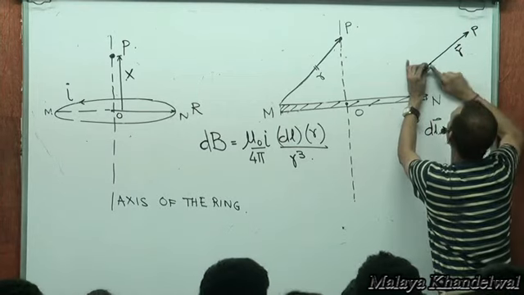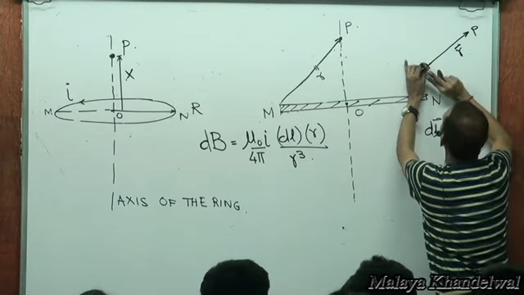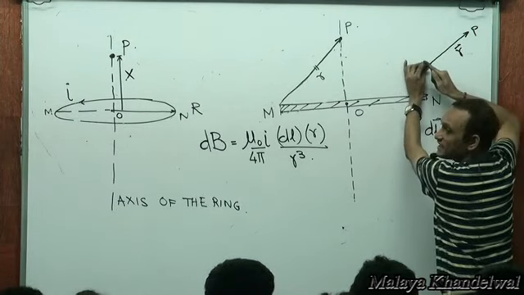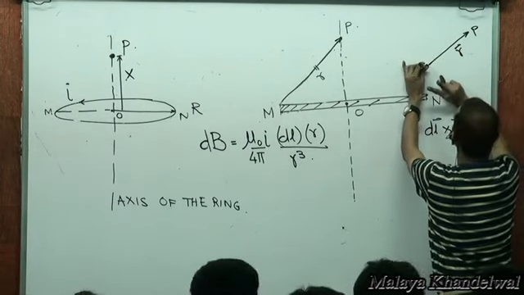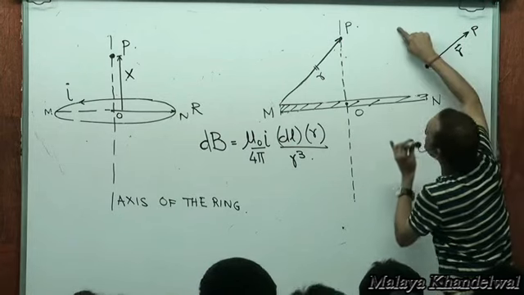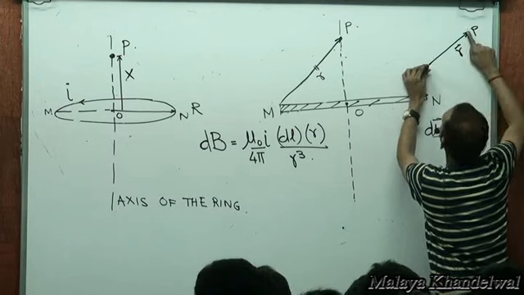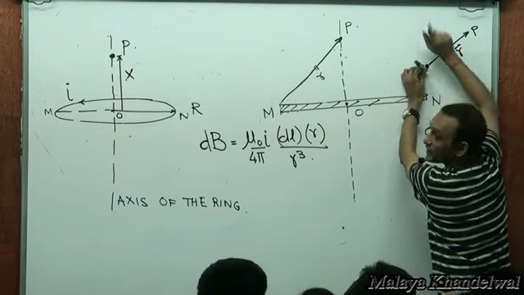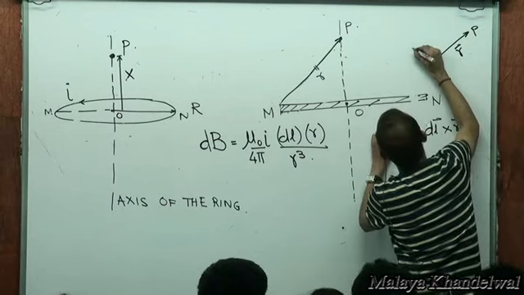So, dl is like this, r is like this. Do you realize that dl cross r would be like this? This is dl, this is r. So, right hand screw rule, perpendicular to dl as well as r would be this. Yes or no? dl cross r goes this way, right? So, dl cross r would be like this.